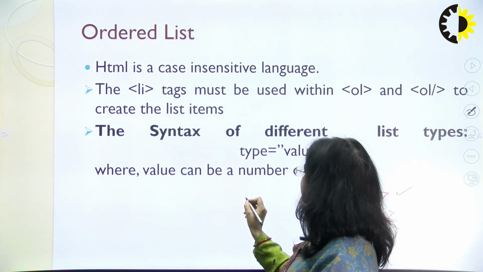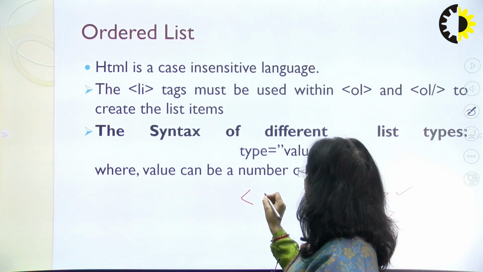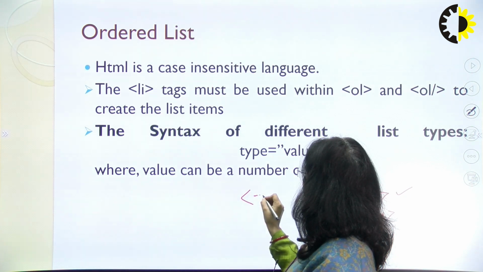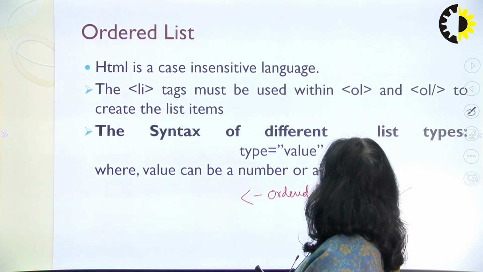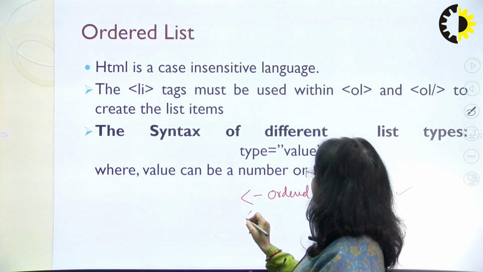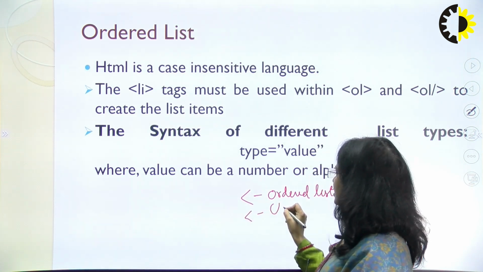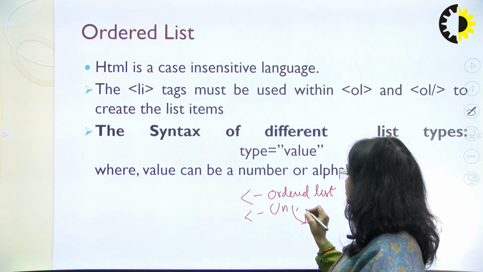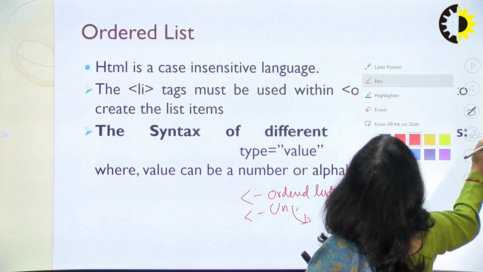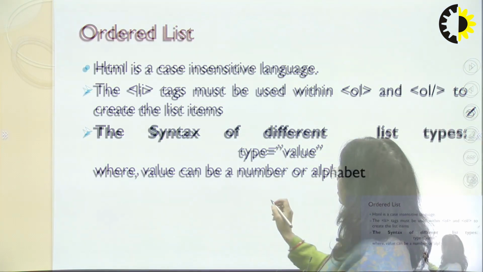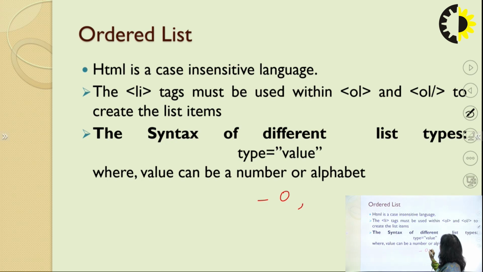There are two types of list. The first one is the ordered list, and the second one is the unordered list. Ordered list and unordered list, OL and UL.